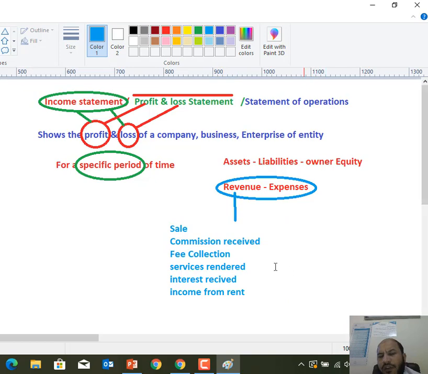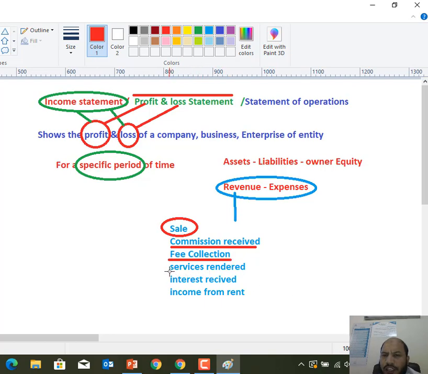And if we have a business, every day we will have sales in that business. So see, sale is a type of operation. If we have a business, for example, every day our business may have commission activities. We will earn commission from people. If we have a school, we will collect fees from students.